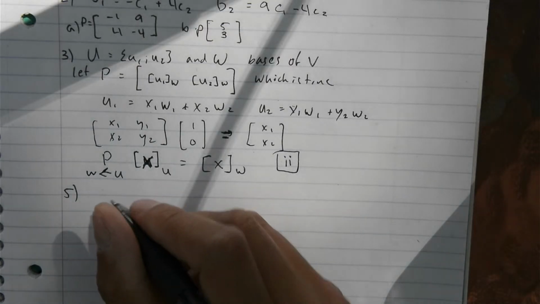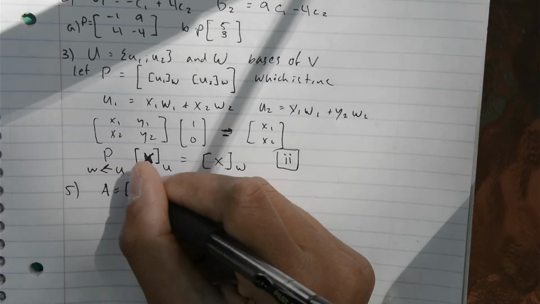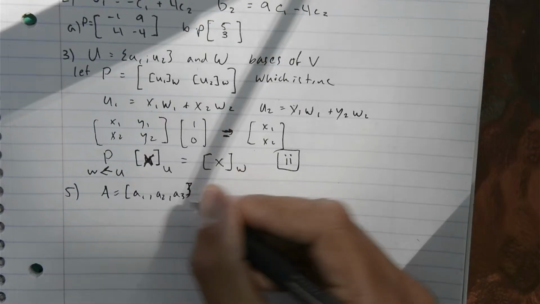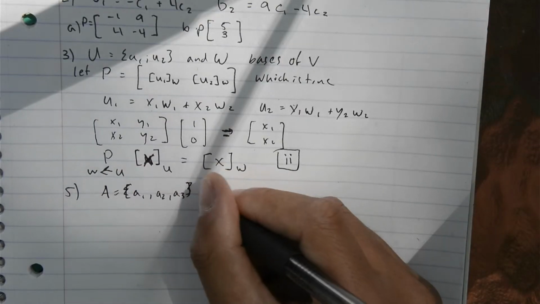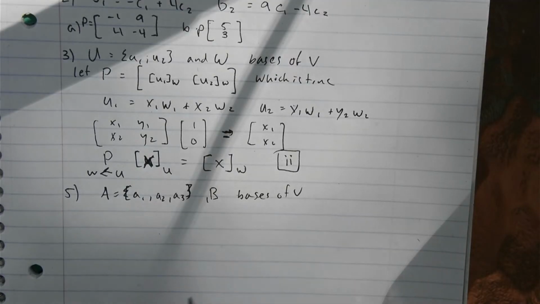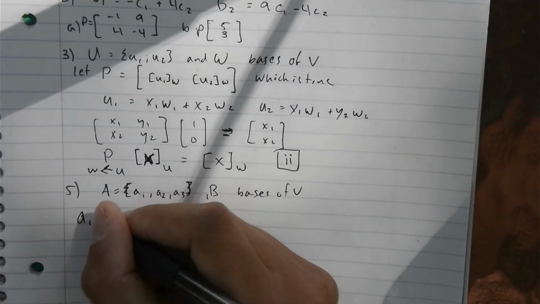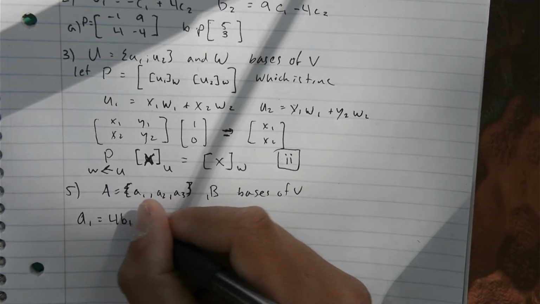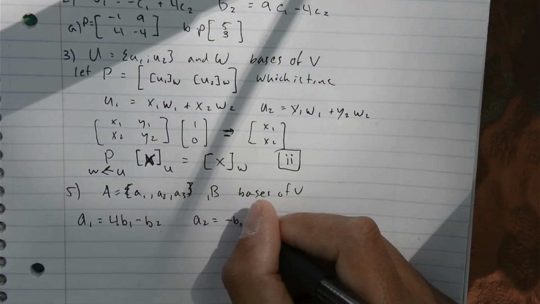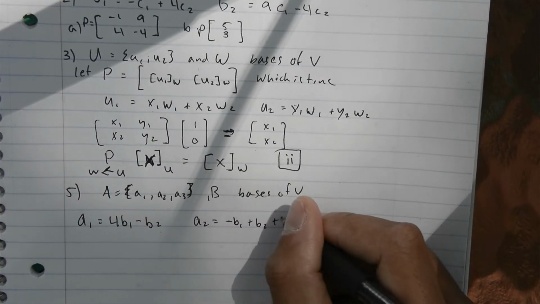Okay, so 5 is A equals A1, A2, A3, and B also bases of V. Okay, and then you get A1 is equal to 4B1 minus B2. A2 is equal to minus B1 plus B2 plus B3.